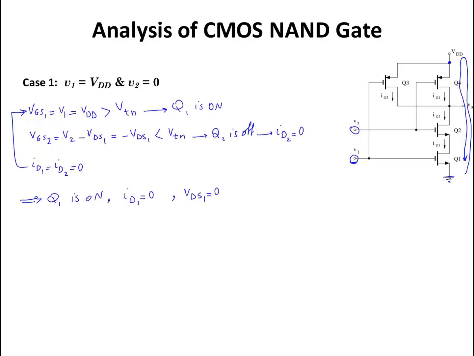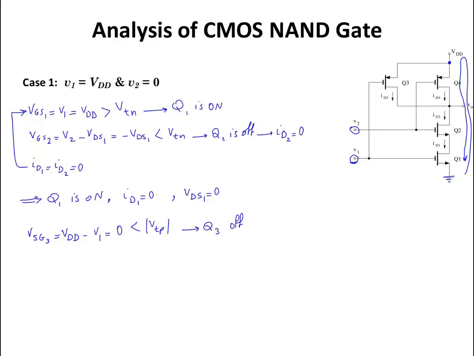Let's take a look at the KVL for gate to source of Q3. For VSG3, I have VDD minus V1. Because V1 is at VDD, VSG3 is going to be equal to 0. This is less than the threshold voltage for PMOS, and as a result, Q3 is going to be off.